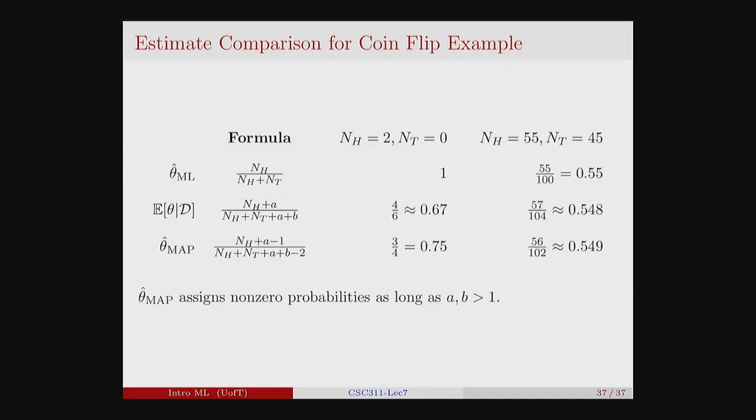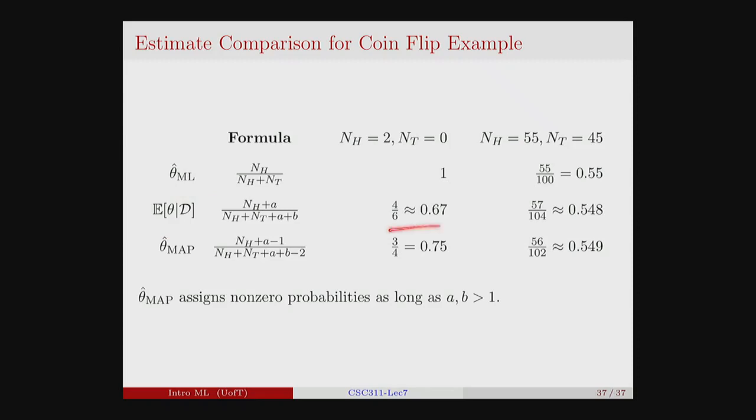Because the maximum likelihood estimator doesn't see any tails, it assesses that the likelihood of seeing heads in the future is always 1. And this makes it a bit of a useless model because we know that the reason it's making that prediction is because it hasn't seen enough data. So we can use a prior distribution to smooth out its prediction.